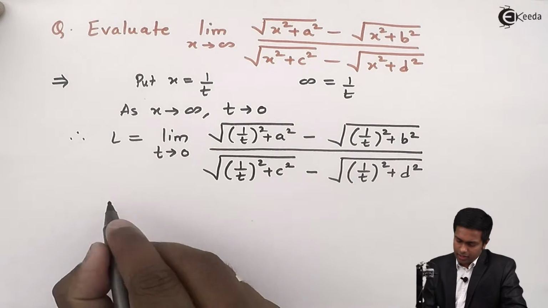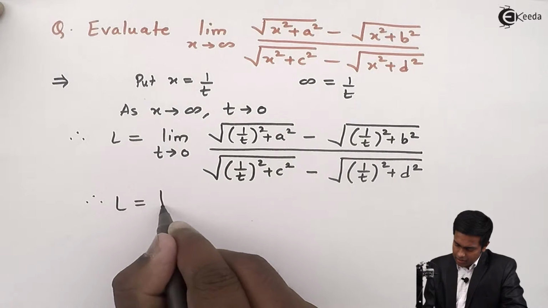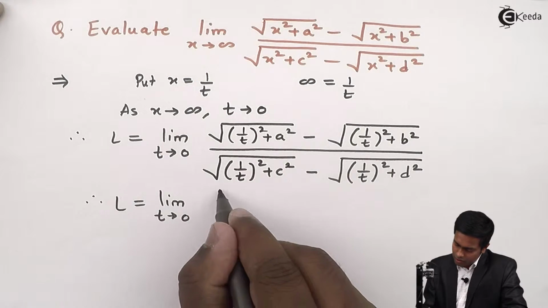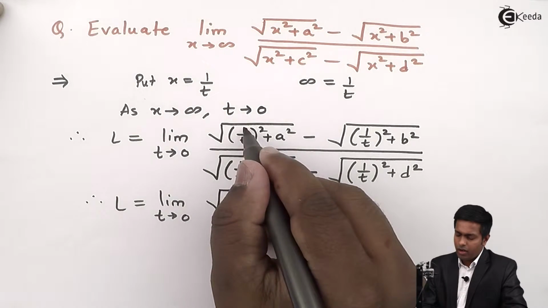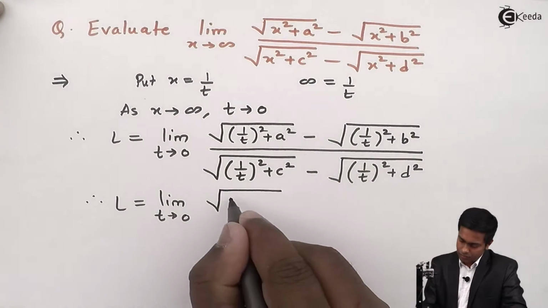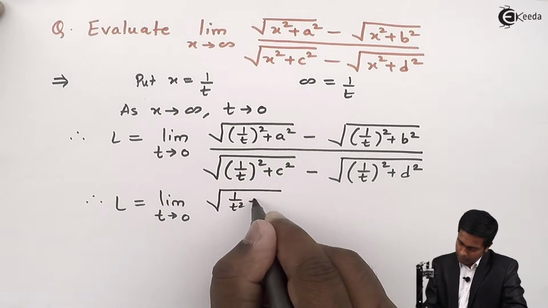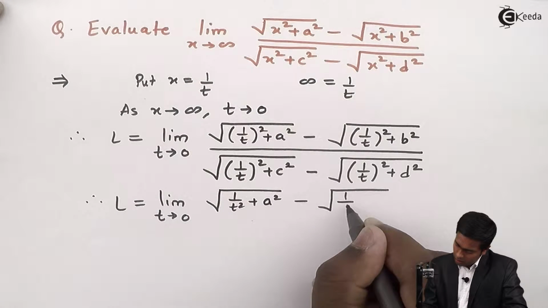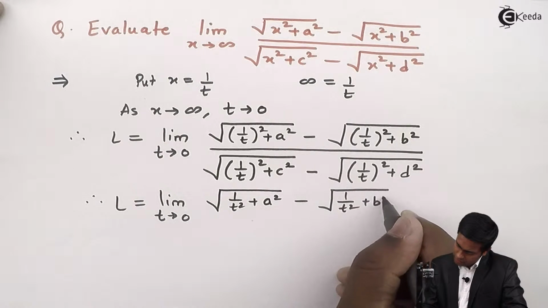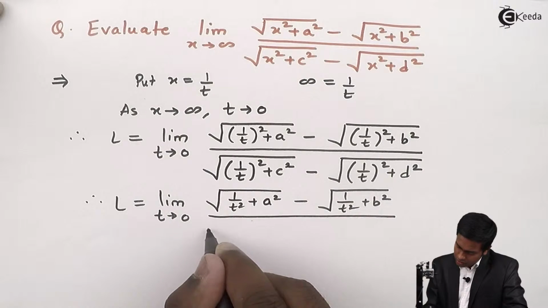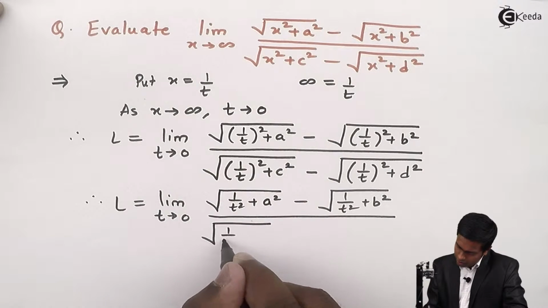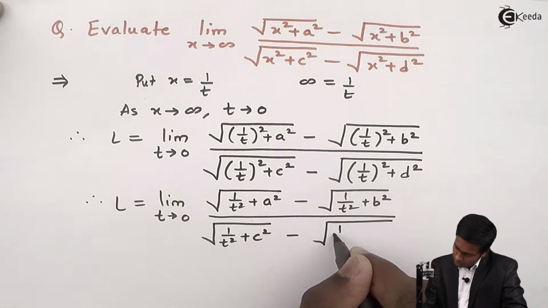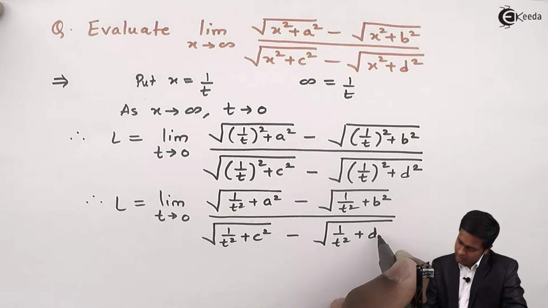Now if we solve this, we get L as the limit as t tends to 0 of the square root of 1 upon t square plus a square, minus the square root of 1 upon t square plus b square, whole upon the square root of 1 upon t square plus c square, minus the square root of 1 upon t square plus d square.